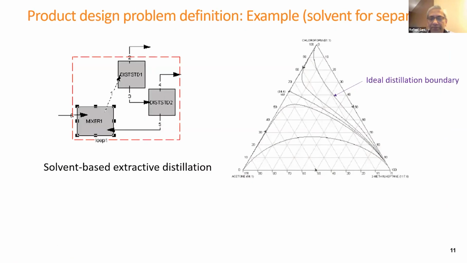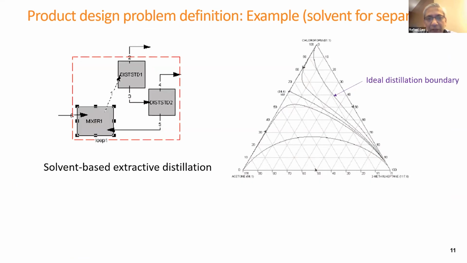Let me show just some brief examples of the product design problem definition. We need to understand how the product design problem can be defined correctly. So here is an example: we are looking for a solvent that will extract the real product that we want of a chemical process. But what should this solvent be?